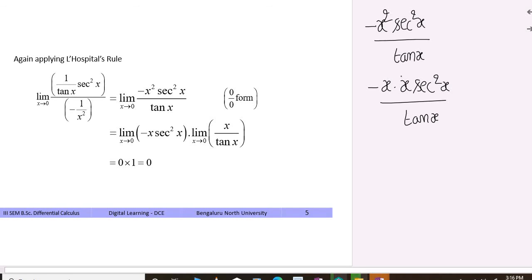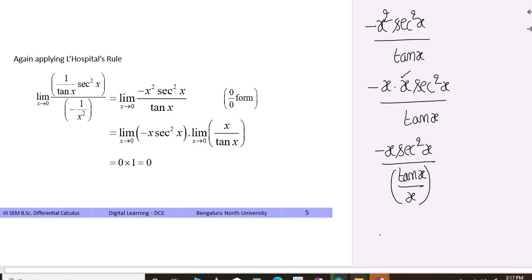And I am going to take this x in the numerator to the denominator as follows. Minus x into secant square x divided by tan x by x. The form of the function is changed, but the value does not change.